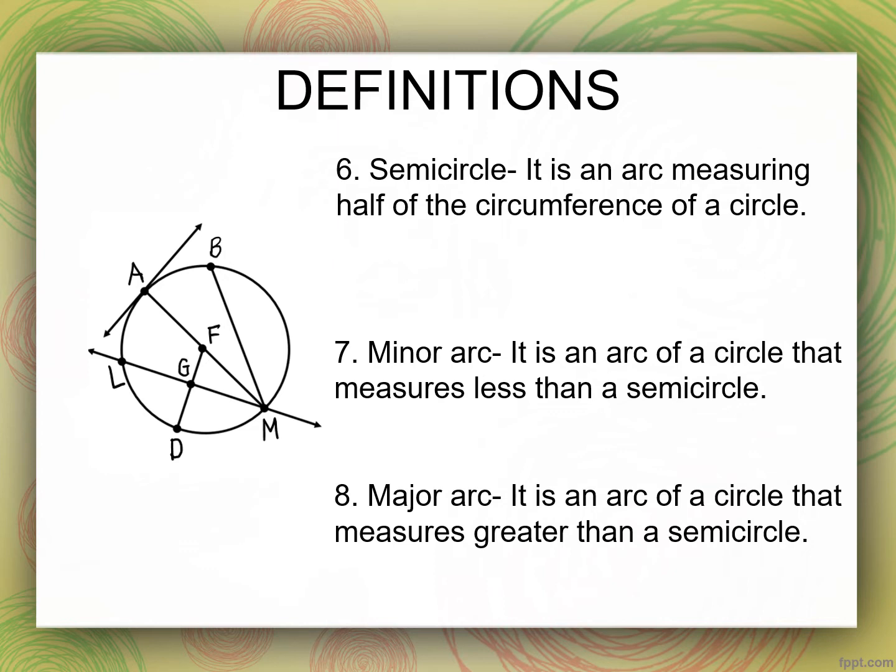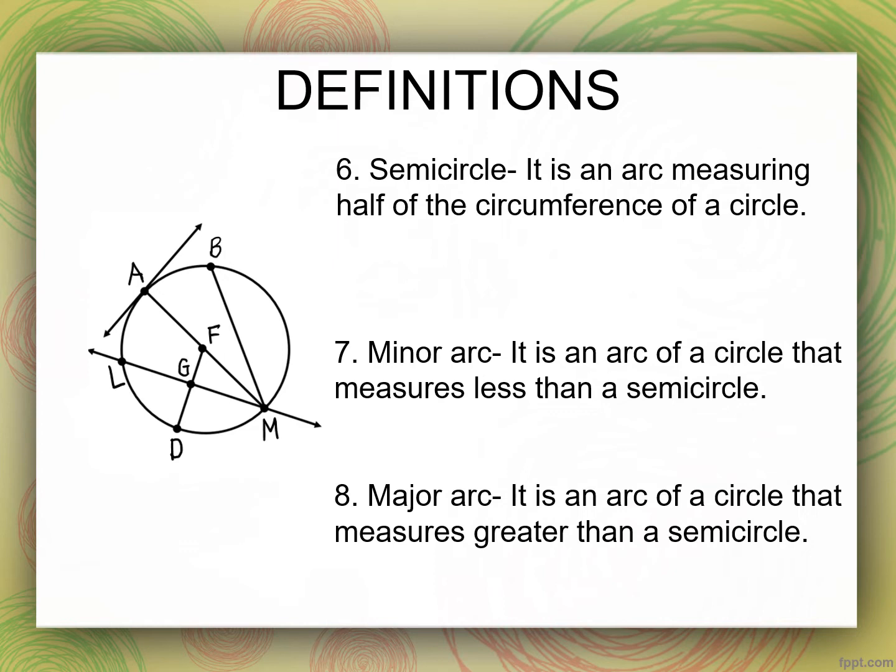So we name semicircles using three letters. So let's look again at the given figure on the left. Our diameter again is AM. So from there we can form two semicircles.